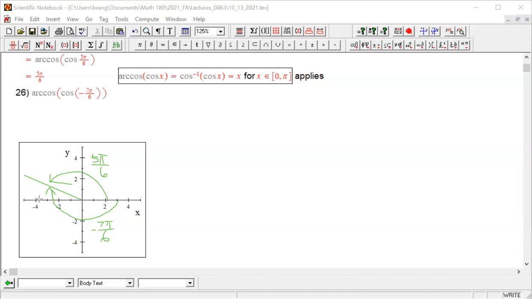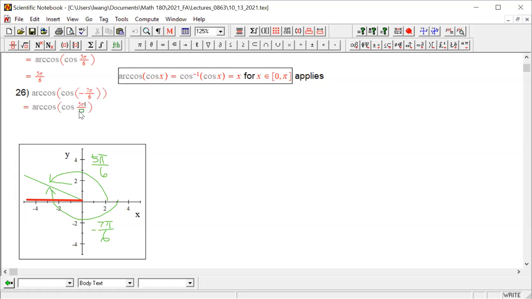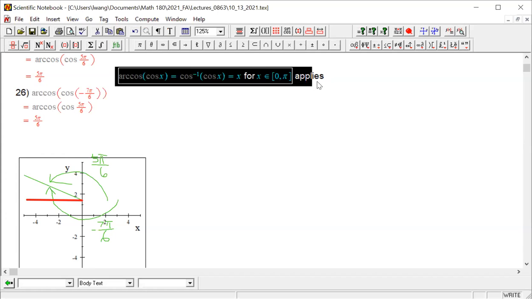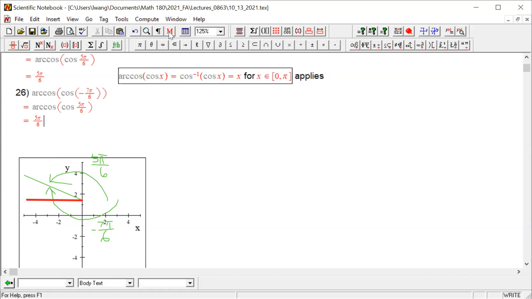However you measure it, the x value is the same, because they have the same reference angle. And now with that understanding, you can do arccosine of cosine 5 pi over 6, and that equals 5 pi over 6, which is the same as what we did. So the same thing applies.